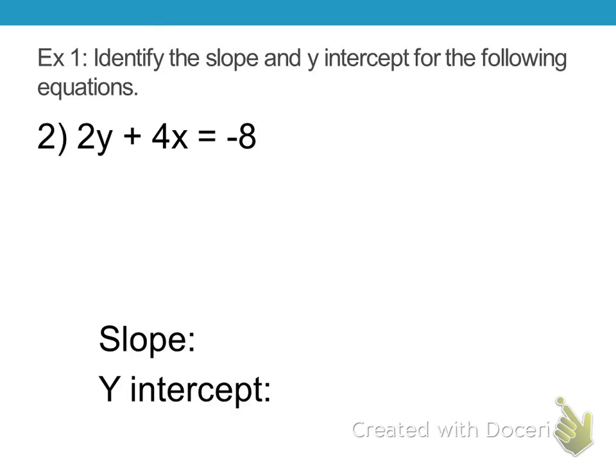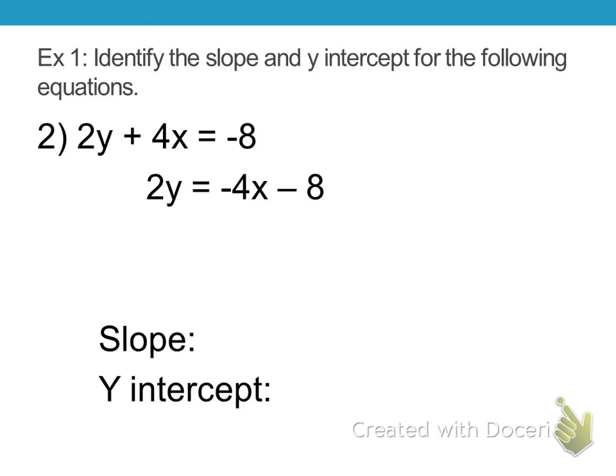All right, here's number 2. What do I do? Very good. We're going to start by subtracting 4x from both sides. The whole goal is to get y by itself, so we can get y equals mx plus b. And then m is our slope, b is our y-intercept.